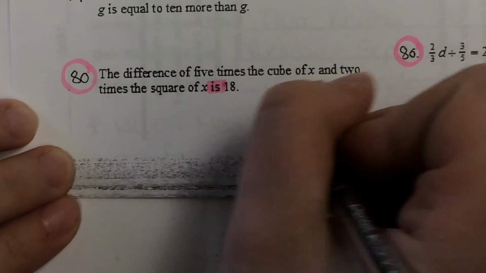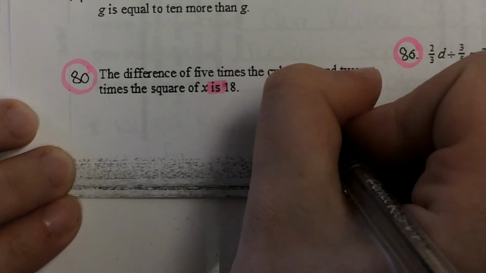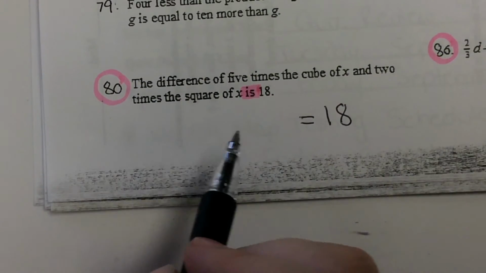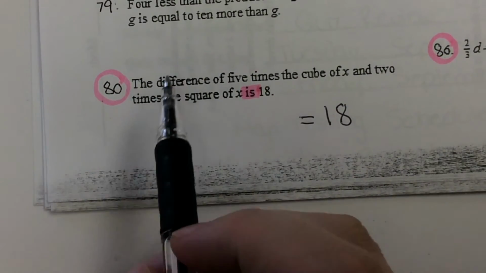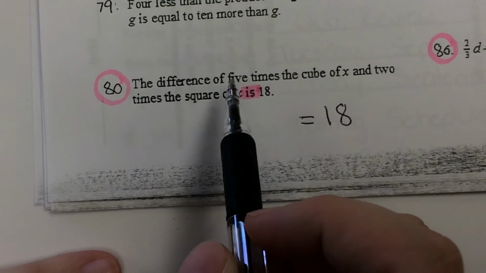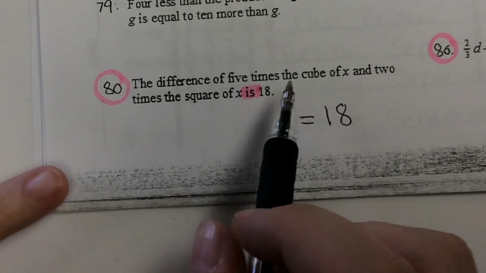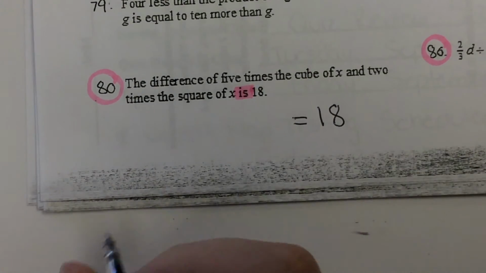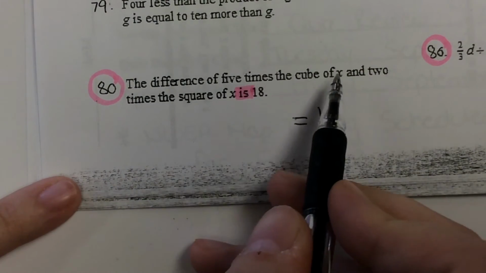So all this is equal to 18. Most of our fun stuff is going to be over here on the left. We have the difference of, so we're subtracting 2 things here. 5 times the cube of x, so 5 times x cubed.